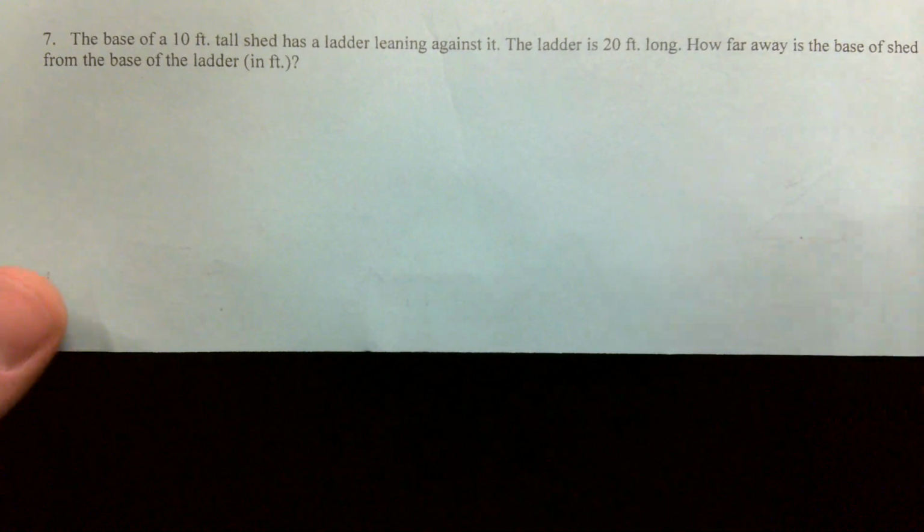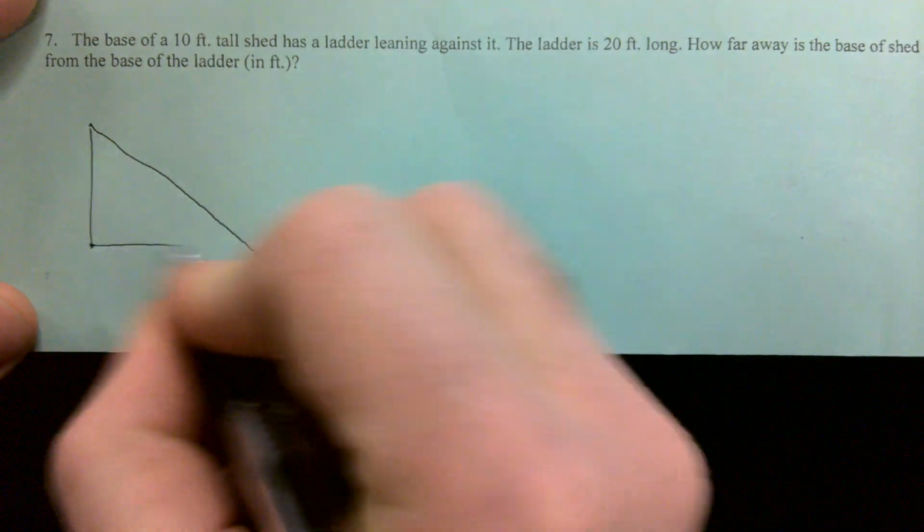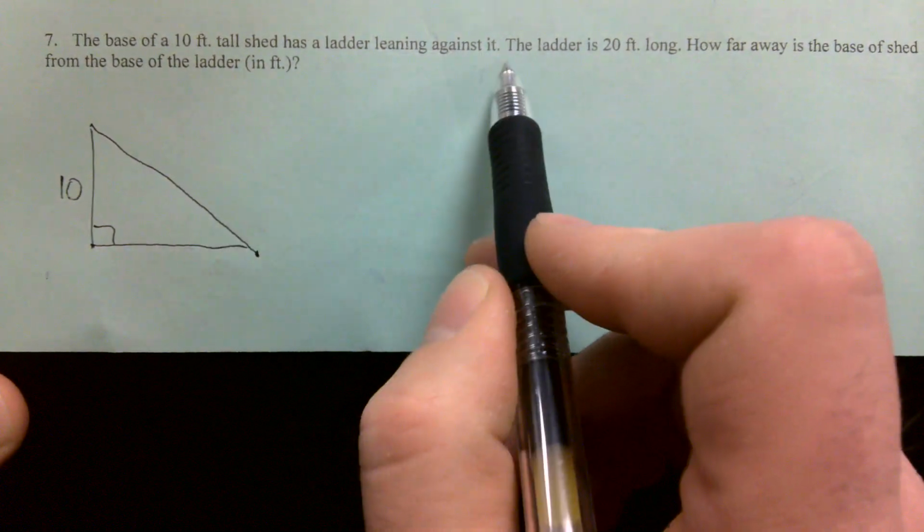Now the setup in number 7 is a little bit different. We're not going to have time to go through it. But if we're setting it up, it's the same drawing. The base of a 10-foot tall shed has a ladder leaning against it. Now we know that the ladder is 20 feet long.